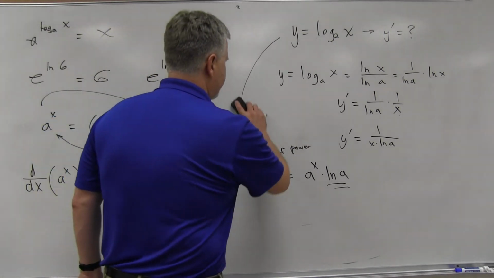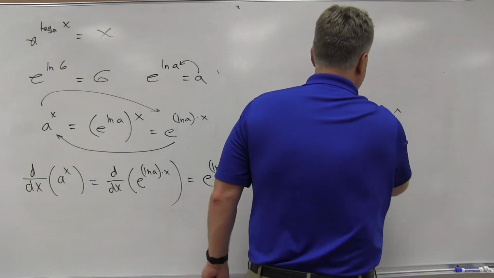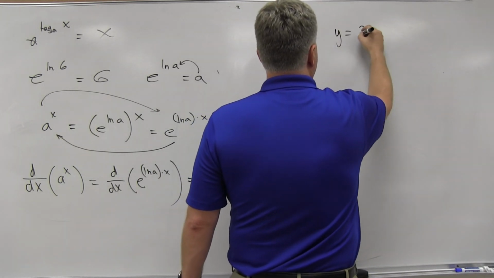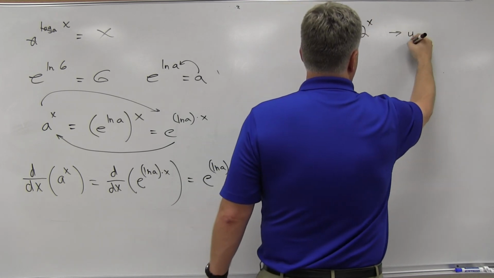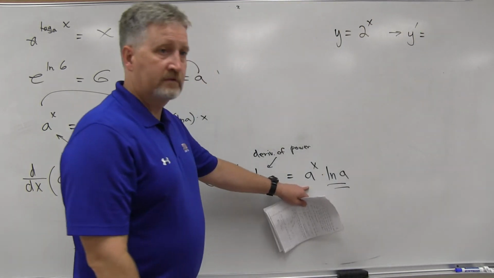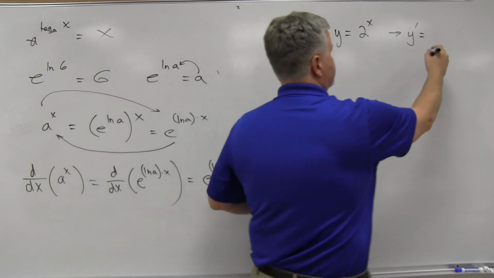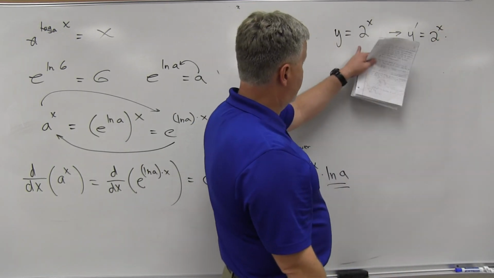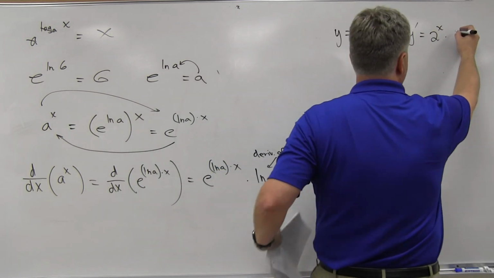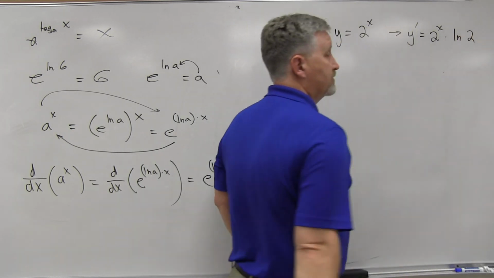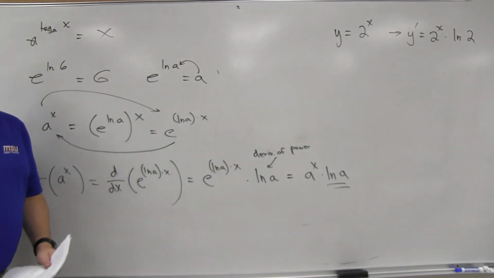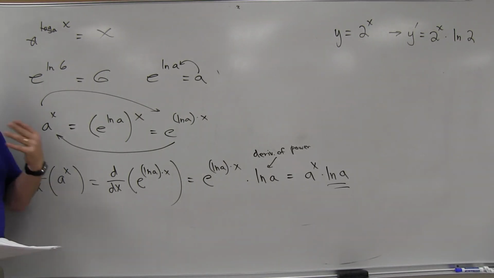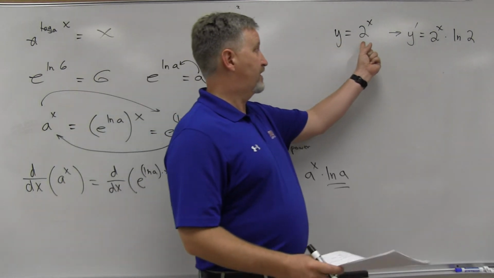So now we can fill in the rest here. If I've got y equals 2 to the x, then the derivative is going to be 2 to the x times the ln of a, and the a here is 2, so it'll be 2 to the x times ln of 2. So that constant is the natural log of whatever your base was.